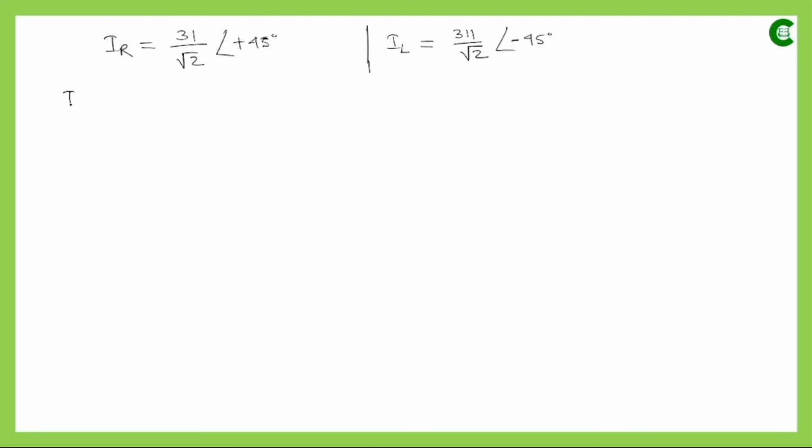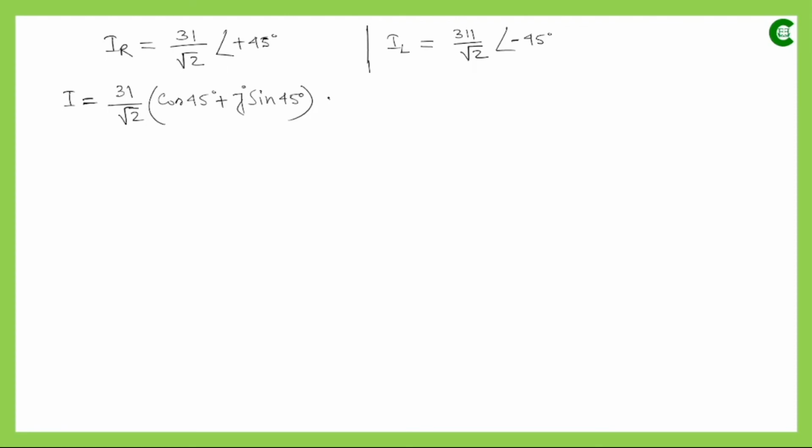So next, the RMS value of the total current will be 31 by root 2 and then angle theta, written as cos theta plus j sin theta, so cos 45 degree plus j sin 45 degree.